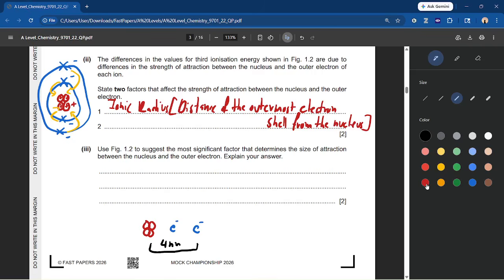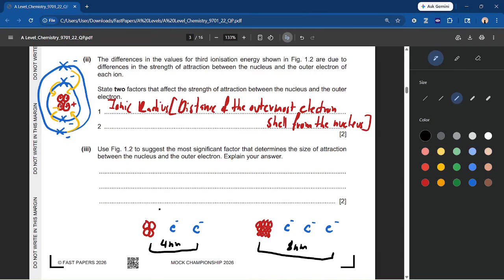So let's say this has a bit more, around 12 protons. Over here, the ionic radius is more, around, let's say, 8 nanometers.